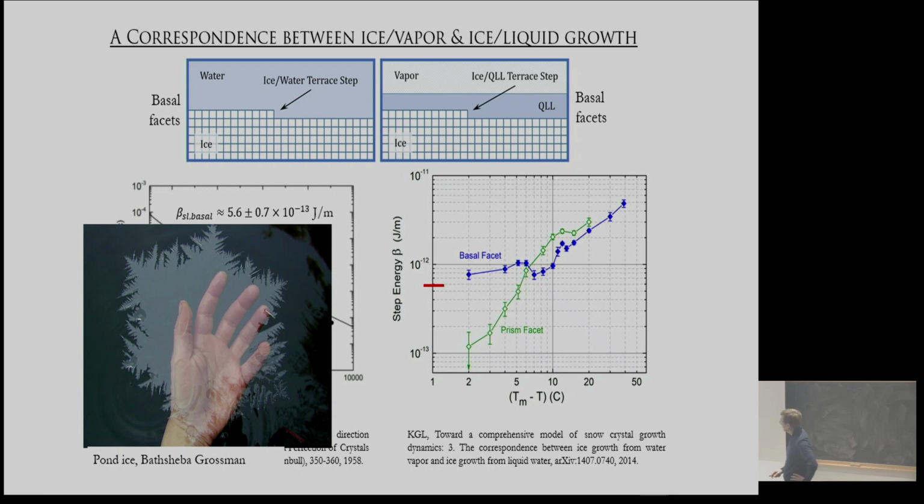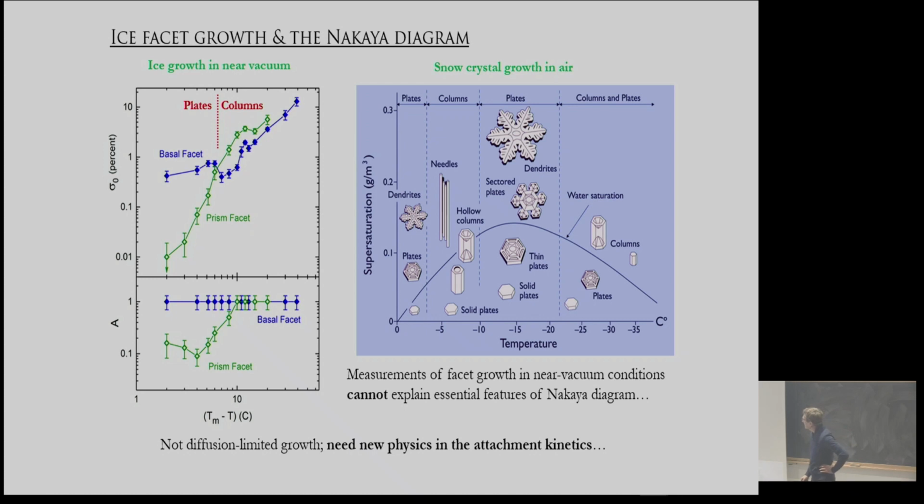And if you grow crystals in the lab from liquid water, you never get any prism faceting. And so this seems to have no step energy at the ice-water interface, and this seems to be going down to 0 as well. So this whole picture of this correspondence between these two surfaces seems to hold water, if you will. And so that looks good. So I'm saying this is right. Okay, I'm going to go with that.